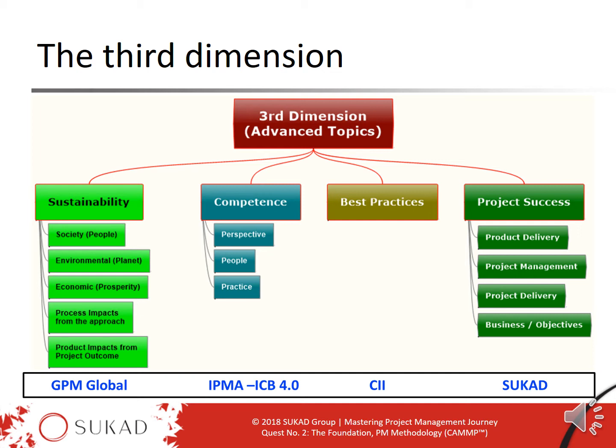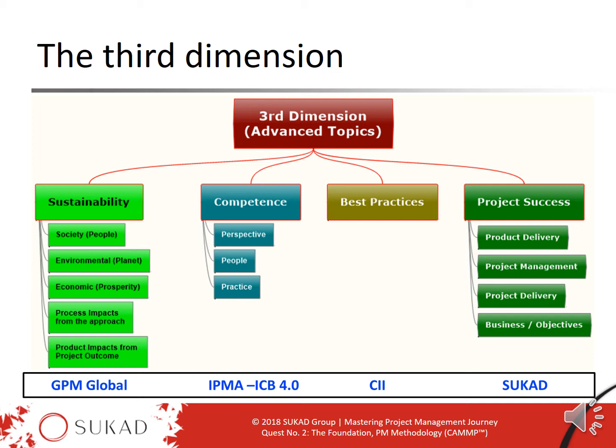Now, best practices, we use the term CII here, but technically this would not be appropriate for all projects because best practices are often linked to a specific industry or domain. CII is the Construction Industry Institute, based at the University of Texas in Austin, USA, is probably a leader in the capital project industry when it comes to best practices.